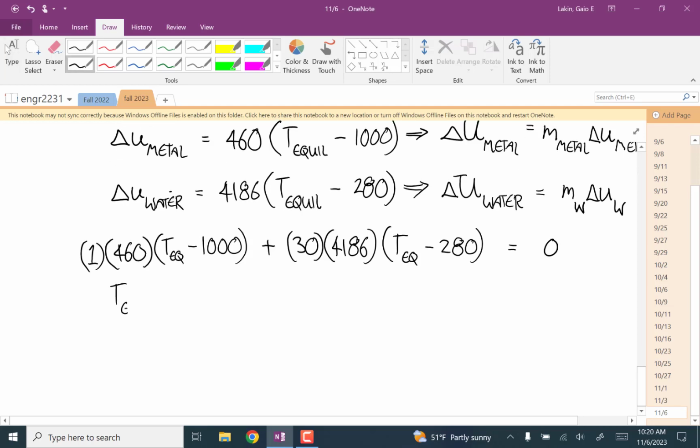And so that equilibrium temperature comes out to be about 282.6 Kelvin. So 2.6 degrees higher than the water started.